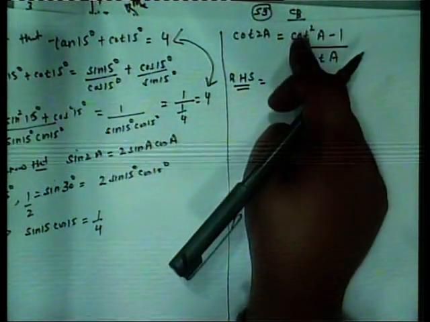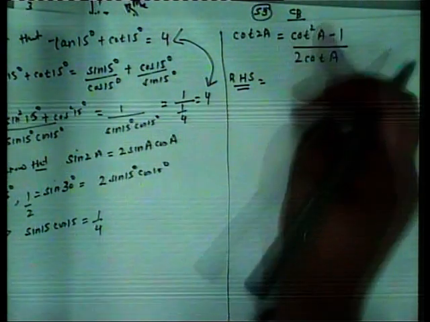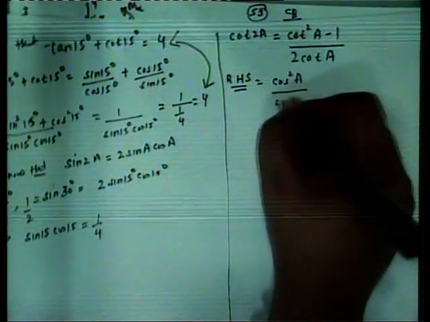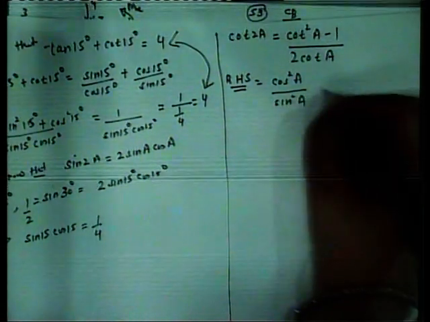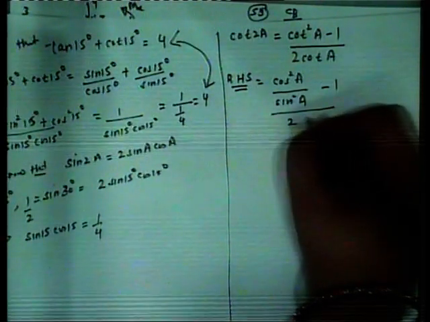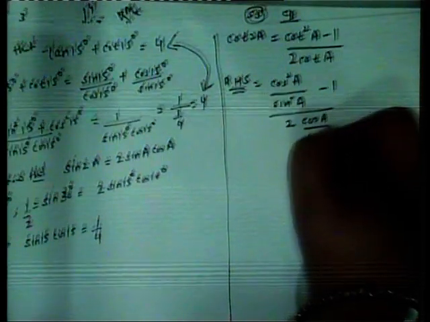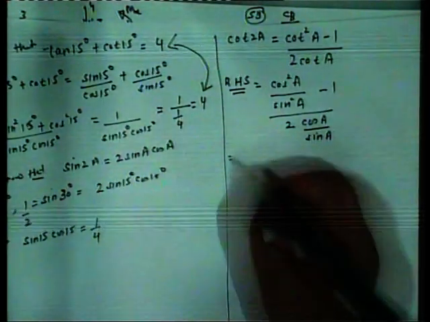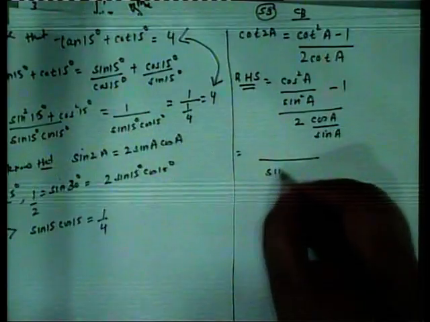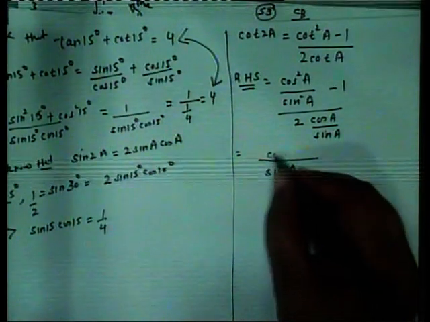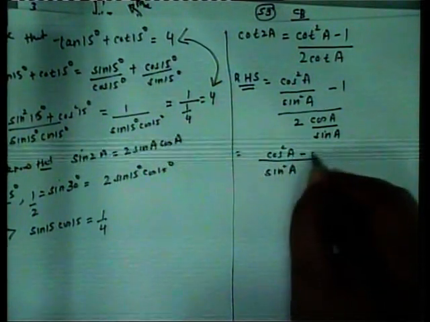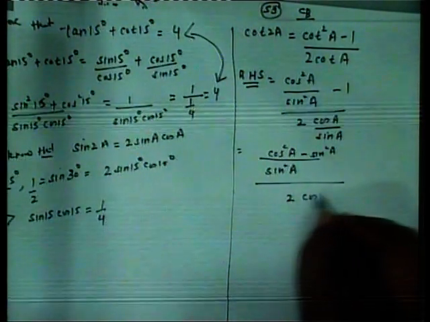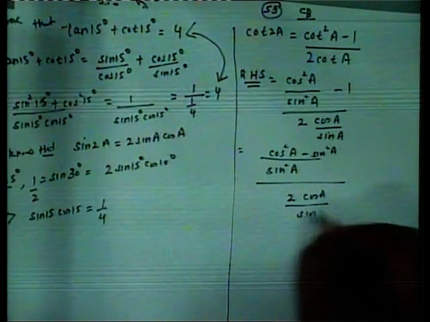Now cot square a will be cos square a upon sin square a. So I will write it as (cos square a upon sin square a minus 1) upon 2 cos a upon sin a, right? So in the numerator, I take the LCM as sin square a. So it becomes (cos square a minus sin square a) upon 2 cos a upon sin a.